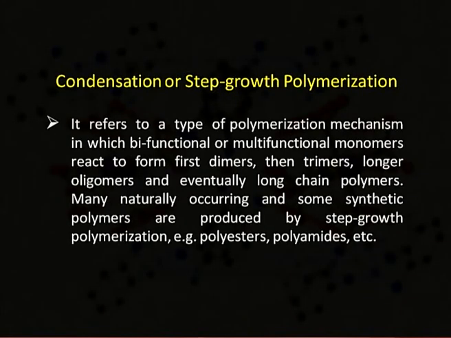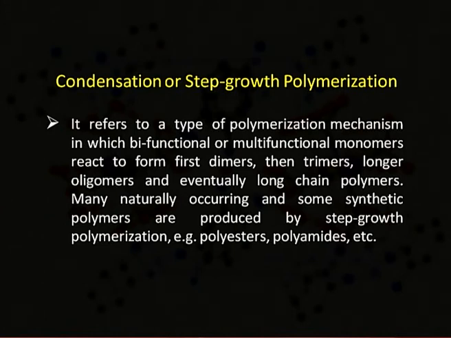Now, we will discuss the condensation or step growth polymerization. It is another type of polymerization. First, we have discussed addition polymerization, and now we will discuss condensation step growth polymerization. It refers to a type of polymerization mechanism in which bifunctional or multifunctional monomers react to form first dimers, then trimers, then oligomers and eventually long chain polymers.